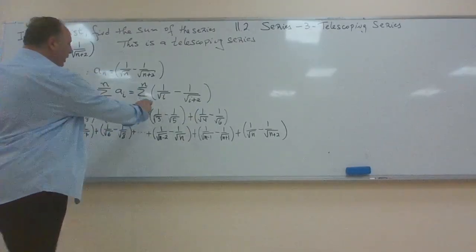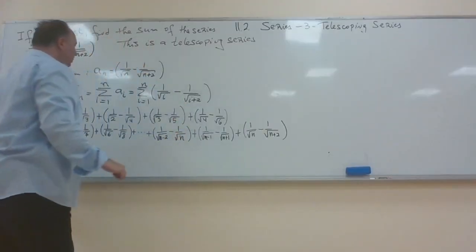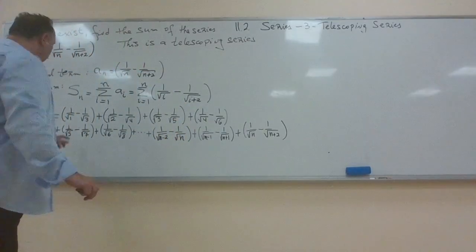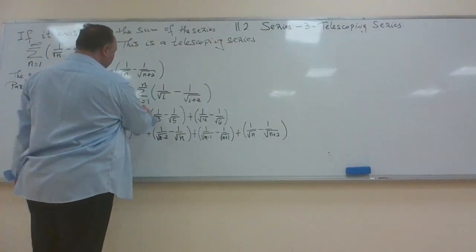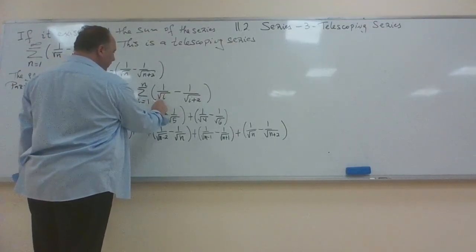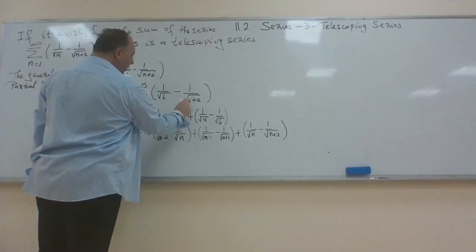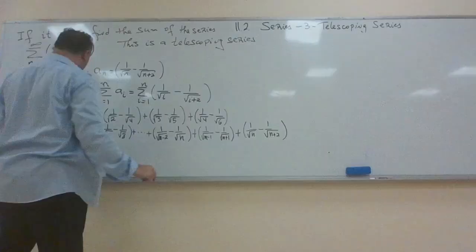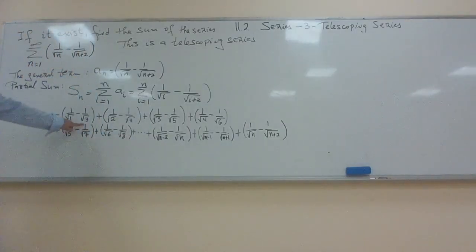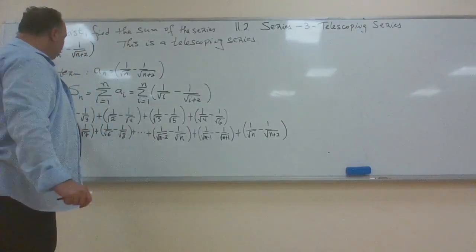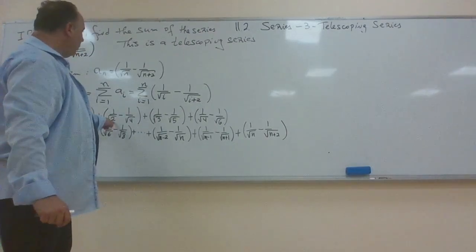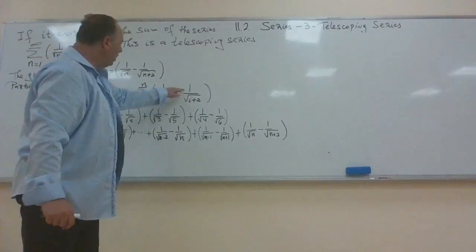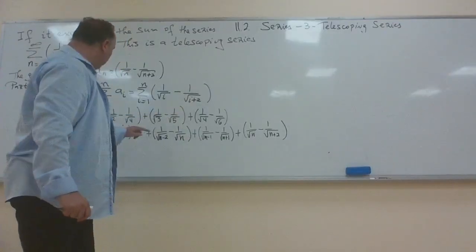So now we expand this partial sum of n pieces. The first piece is when i is equal to 1, so it's 1 over radical 1 minus 1 over radical 1 plus 2, which is radical 3. When i is equal to 2, we have 1 over radical 2 minus 1 over radical 2 plus 2, which is radical 4.